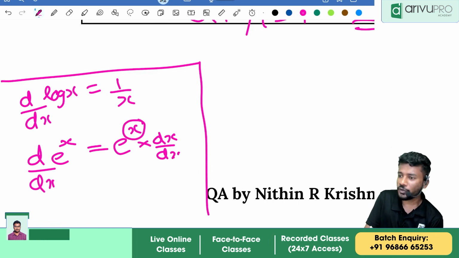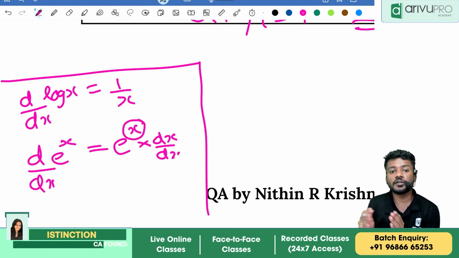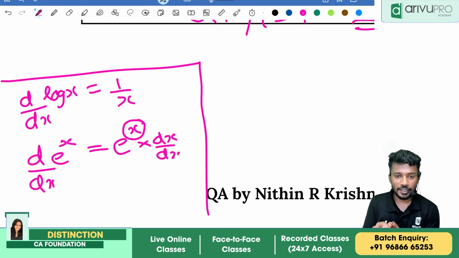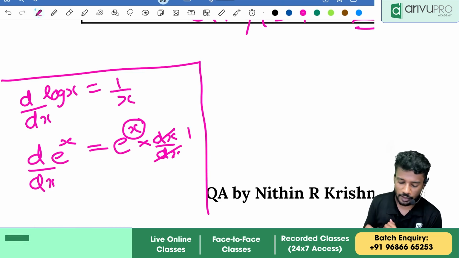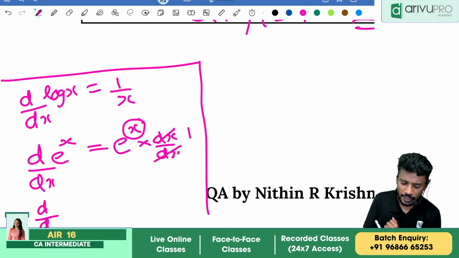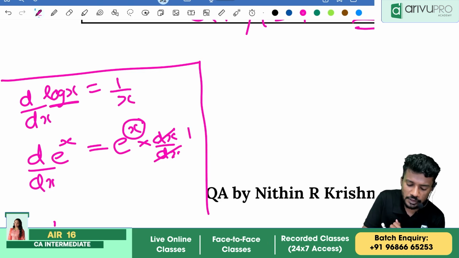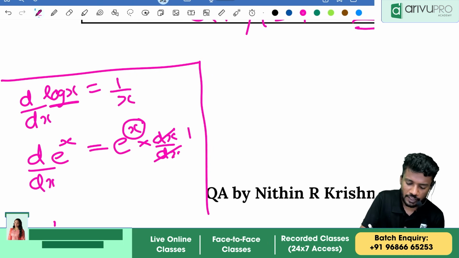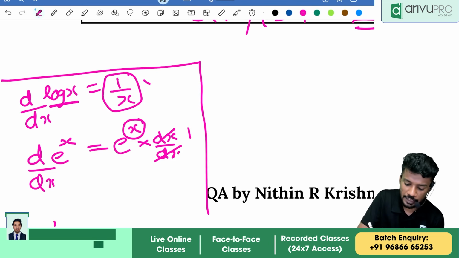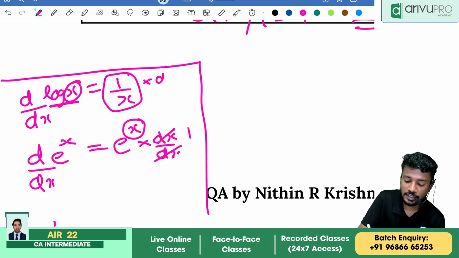So, one x is over here, right? We need to take the derivative of that also. What is it? E raised to x is already there into dx by dx. Anyway, dx by dx is how much? 1. Now, when I say d by dx of log x, what do you mean by that? I am telling derivative of log x is 1 by x. Then another function is there inside. That means dx by dx is how much?